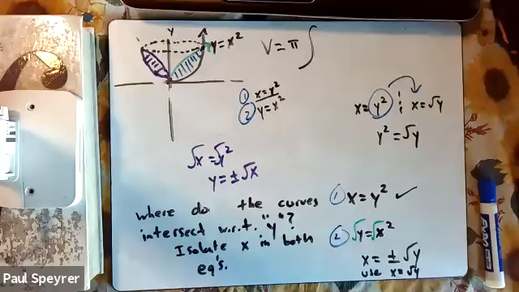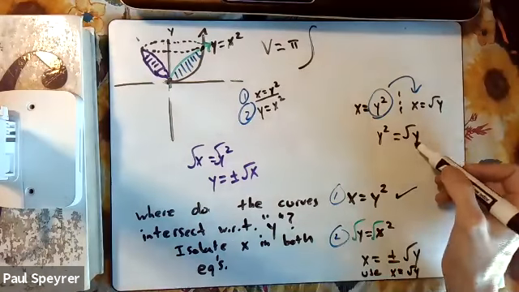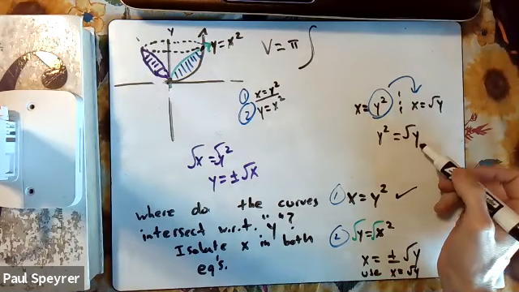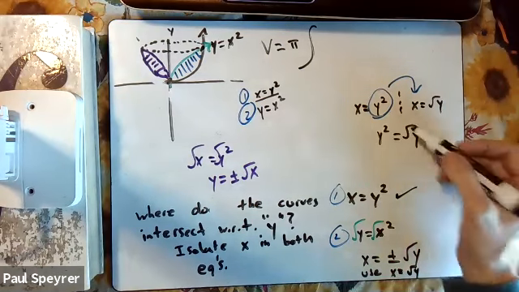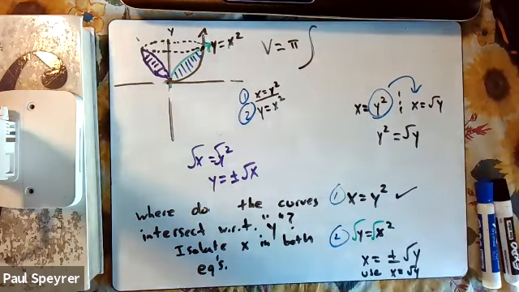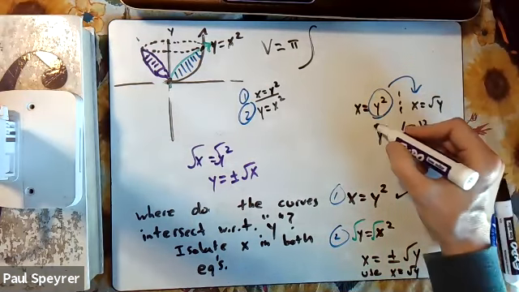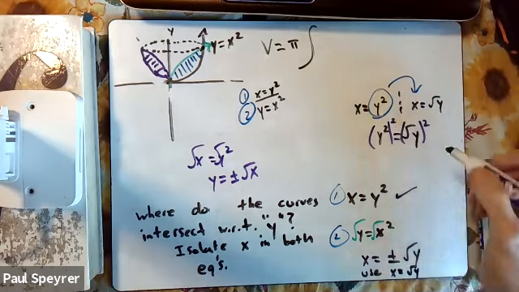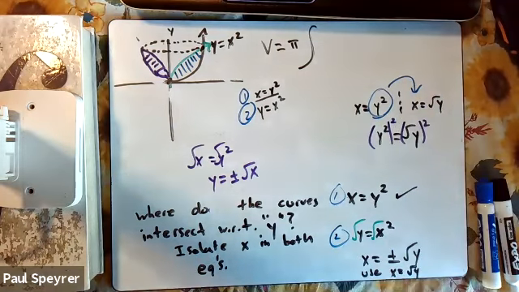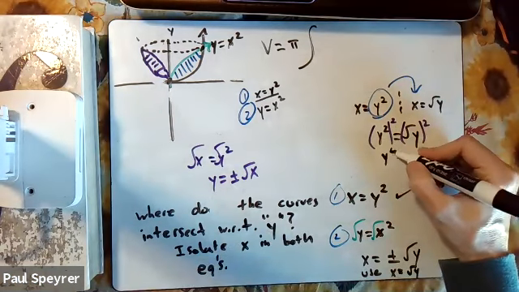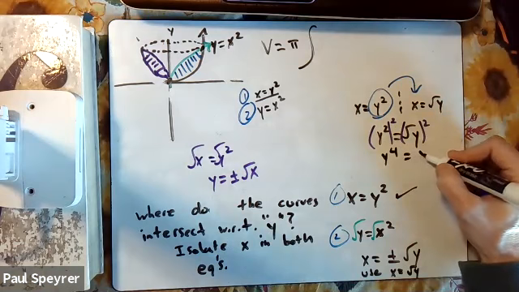Well, first of all, we probably should get rid of the squared, right? How do we do that? We're going to square both sides. So we have y to the fourth equals y.